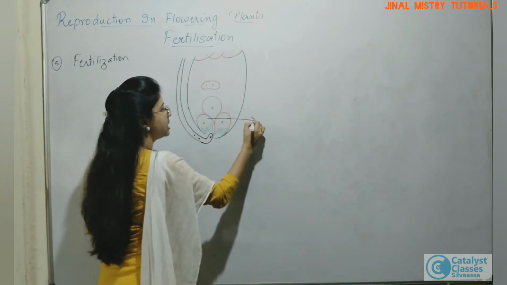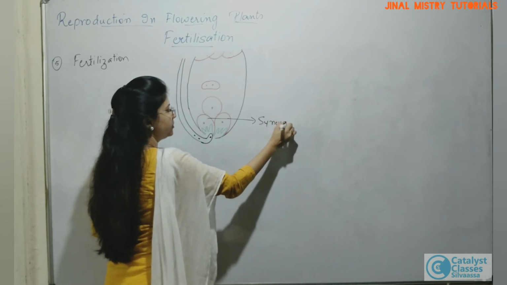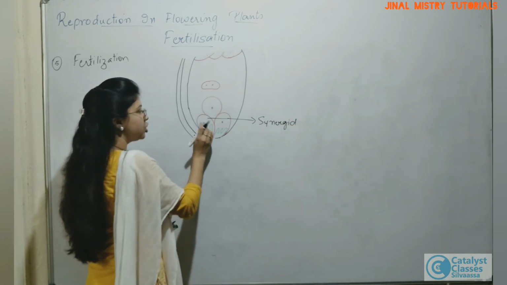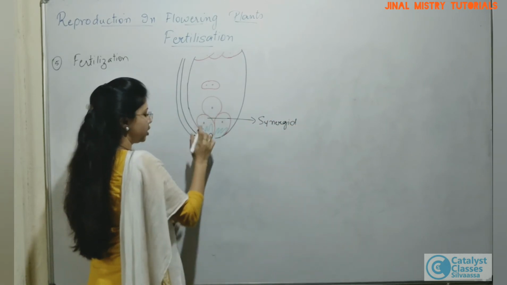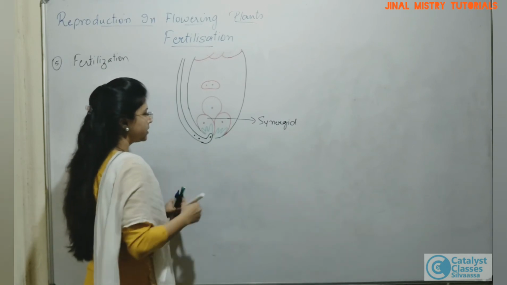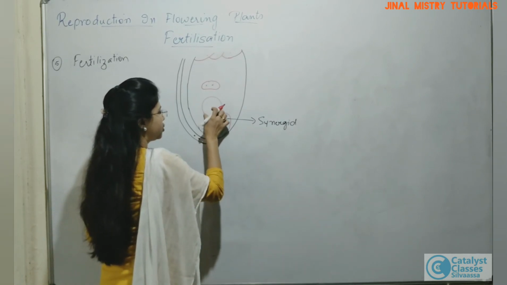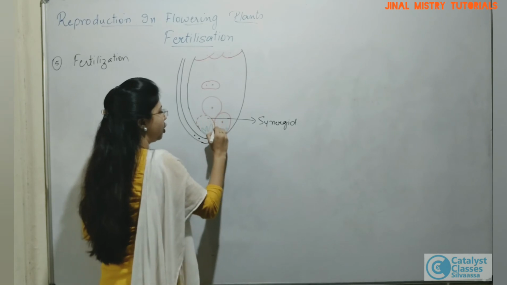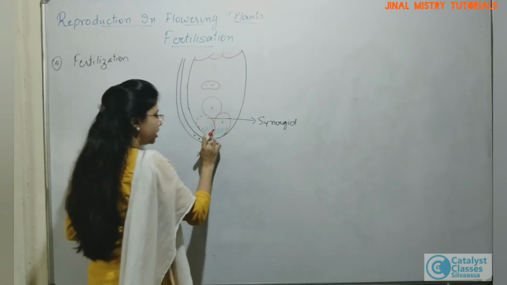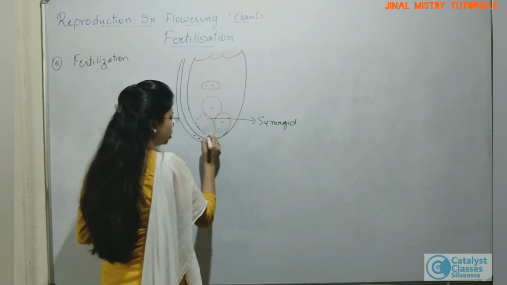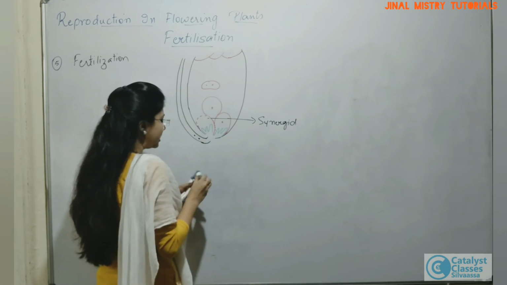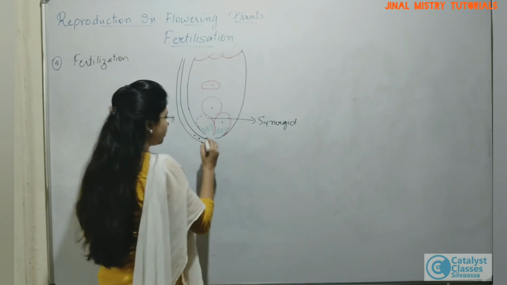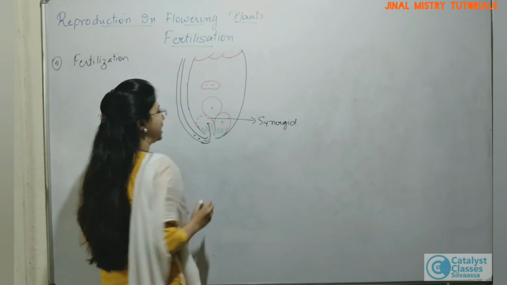These two are the synergid cells. When it enters one of the synergids, this synergid cell will slowly disintegrate. It will get damaged. The contents of these cells will be lost, right? And the pollen tube is also going to break, resulting in the release of the two male gametes into the embryo sac.